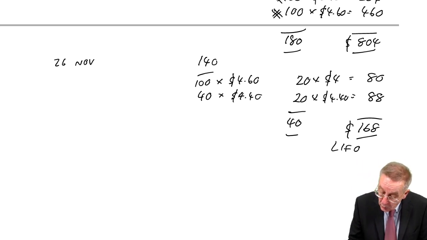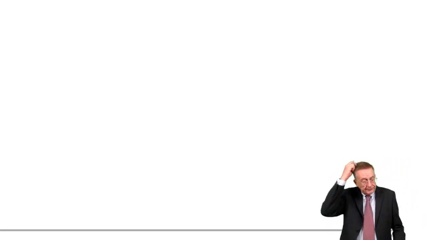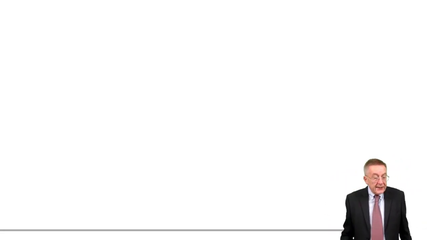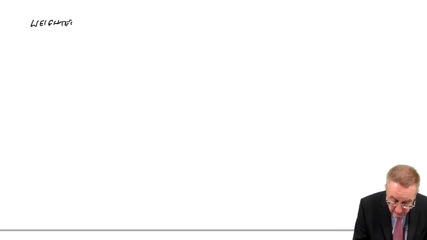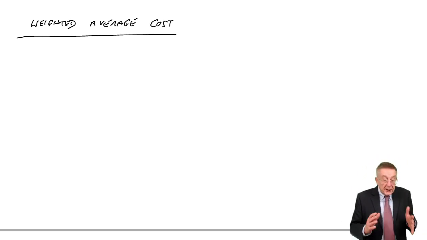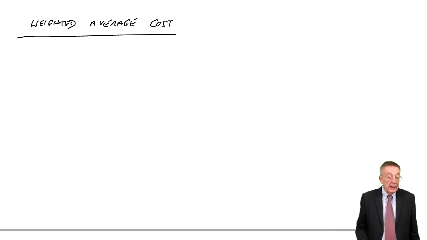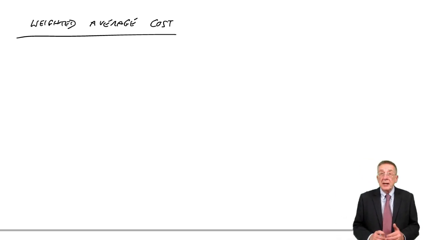Finally, though, one more way, which needs a tiny bit more care. Example 3, where we're going to use weighted average cost. And again, it's exactly the same example as we've just done twice, but this time we're going to take a different approach.